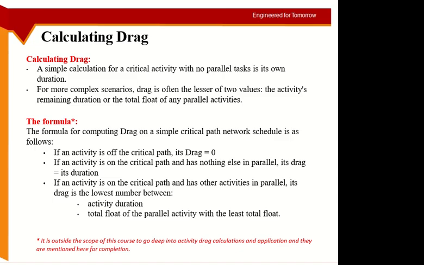I already showed you this thing. If an activity is off the critical path, its drag is 0. For non-critical activities, the drag is 0 because even if you compress, it doesn't matter. If an activity is on the critical path and has nothing in parallel, its drag is equal to its duration. You can only have drag in comparison to other activities, because you need to keep the activity on the critical path.